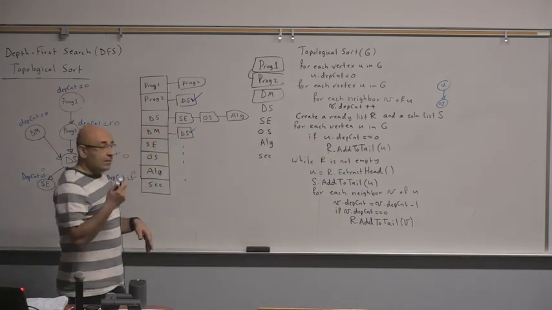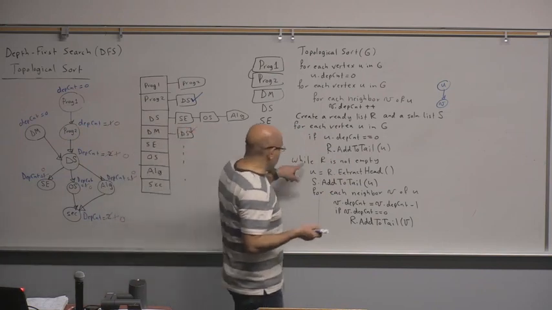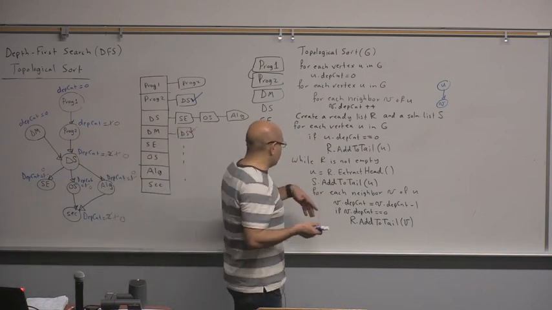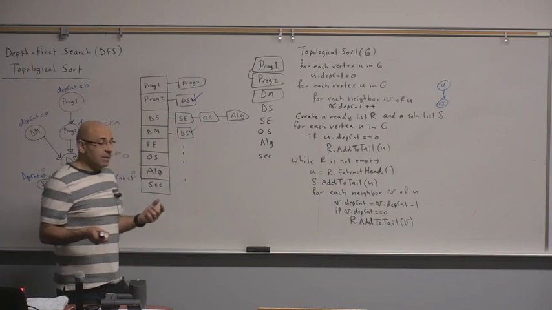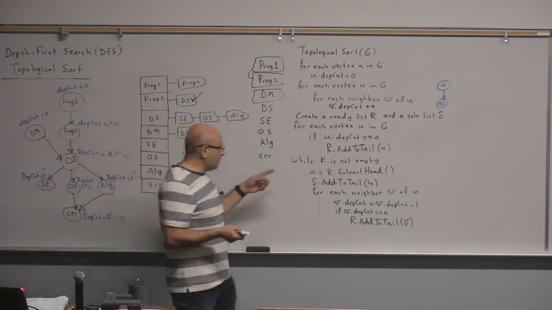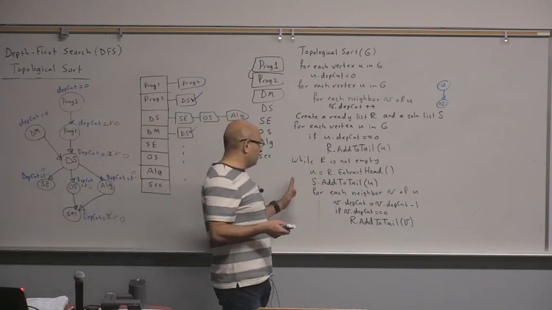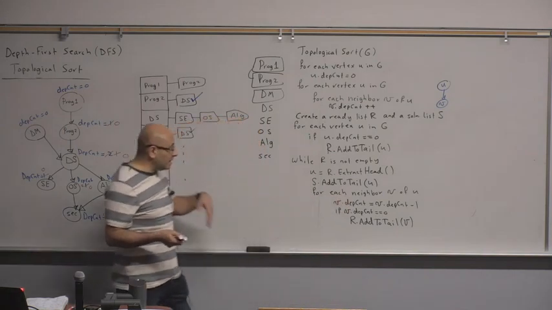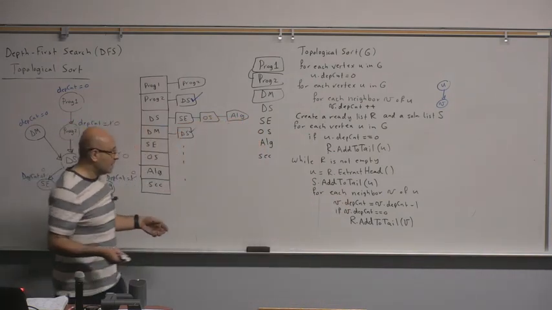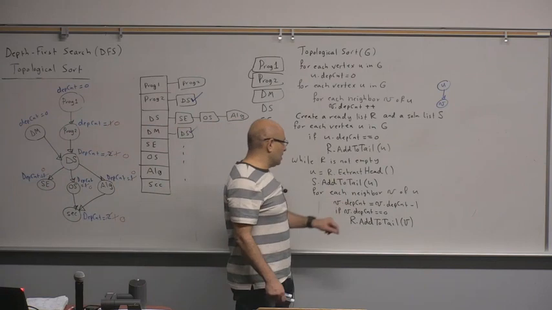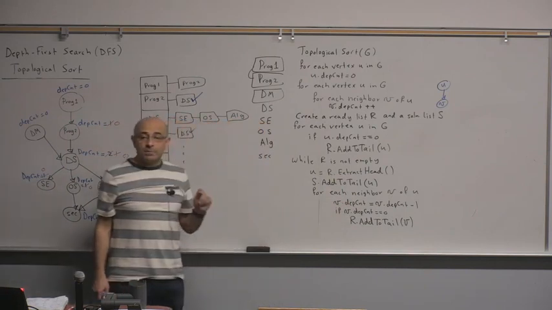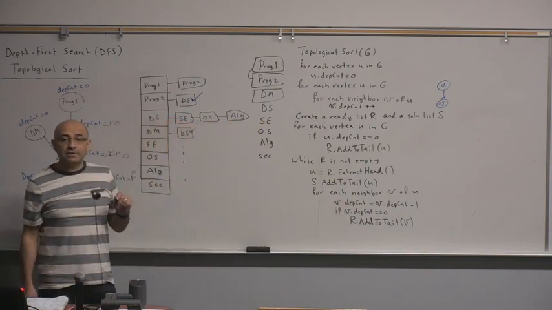Then loop, as long as the ready list is not empty, take a vertex from the ready list, add it to the tail, then go through the neighbors and decrement the dependence count of the neighbor. And if the dependence count drops to 0, now this vertex becomes ready.